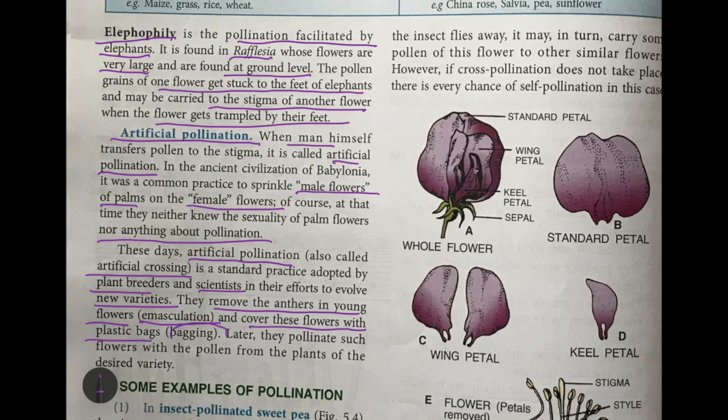This is known as bagging. That means now they have made that flower into a female flower. Only the pistils are left. So now it became a pistillate flower. The anthers have been removed. So later they pollinate such flowers with the pollen from the plants of whichever variety they want. And then new varieties will be formed.